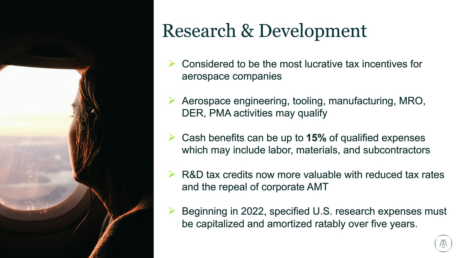And also probably worth noting that with the lower tax rates and the credit rates on the R&D credit remaining constant, it can take a bigger bite out of your overall tax liability. So a lot of very favorable things there.